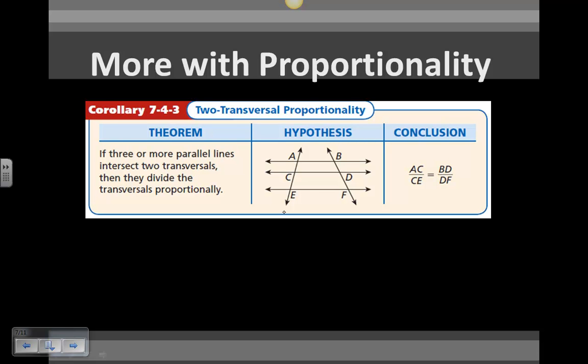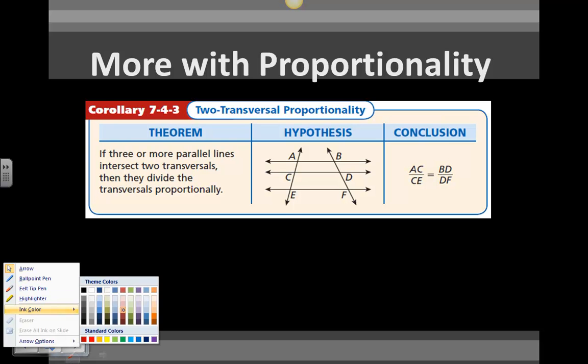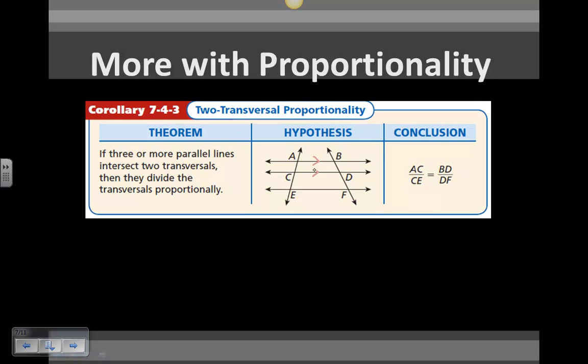If you have two lines, line AC and line BD, and three or more parallel lines that intersect the two transversals, then they divide the transversals proportionally. So AC is to CE, just as BD is to DF.